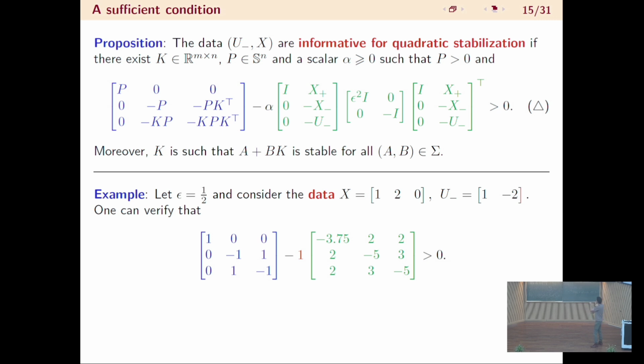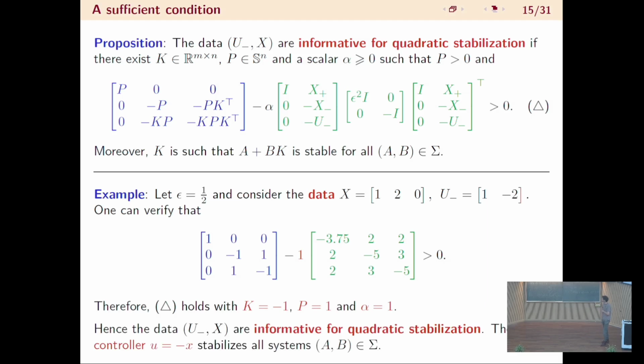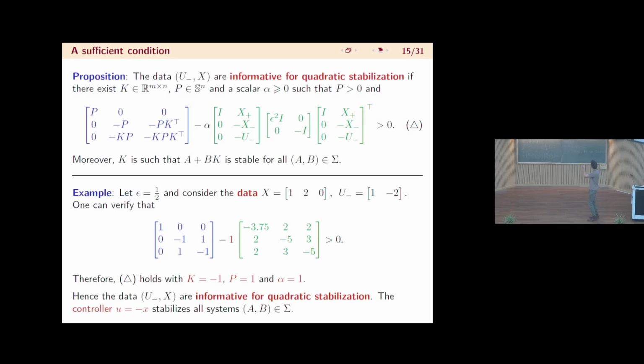So this matrix M minus alpha N is positive definite. If you want to check that yourself, just check the eigenvalues of this matrix. They're indeed all positive. Which means that this inequality holds with K is -1, P is 1, and alpha is 1. Hence the data are informative for quadratic stabilization using this proposition. And the controller u = -x stabilizes all systems consistent with the data.